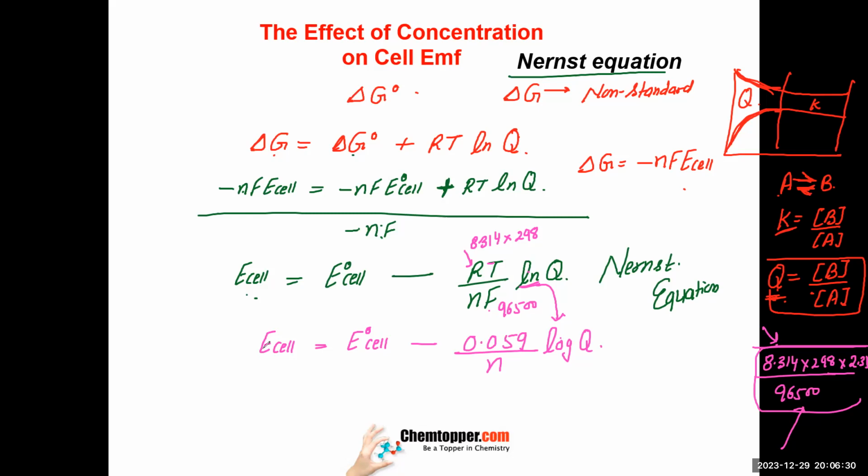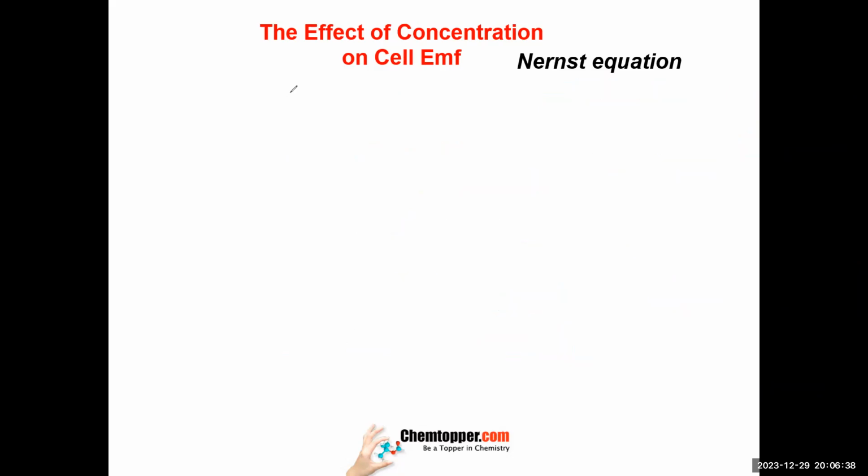Now we have to see the application part of this Nernst equation. Okay. So what is the Nernst equation? E cell is E naught cell minus 0.059 over n log Q. What type of questions will be there? Now understand the type of questions.